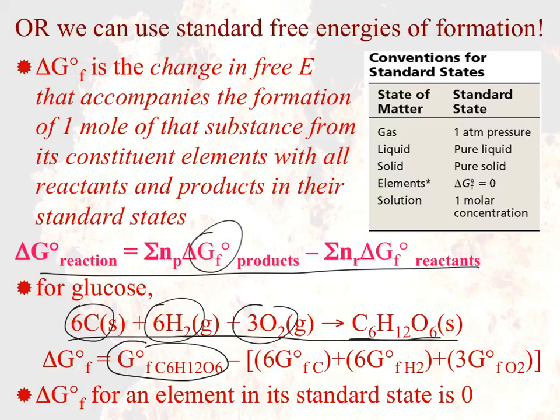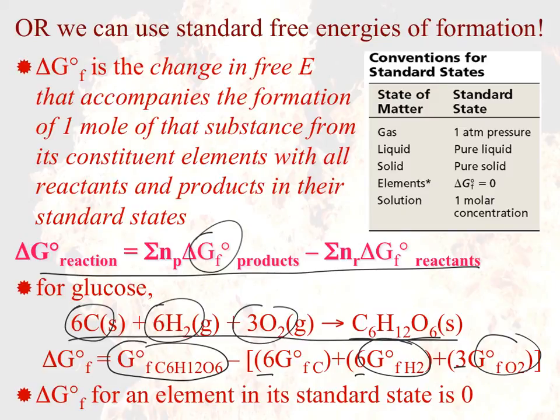There's only 1 mole of it, so it would be 1 times that value. There's 6 moles of the carbon, so we look up that value, sum it with 6 moles of the hydrogen formation value, and 3 moles of the oxygen formation value. If we add up all these pieces, we would subsequently get our delta G naught for this process.